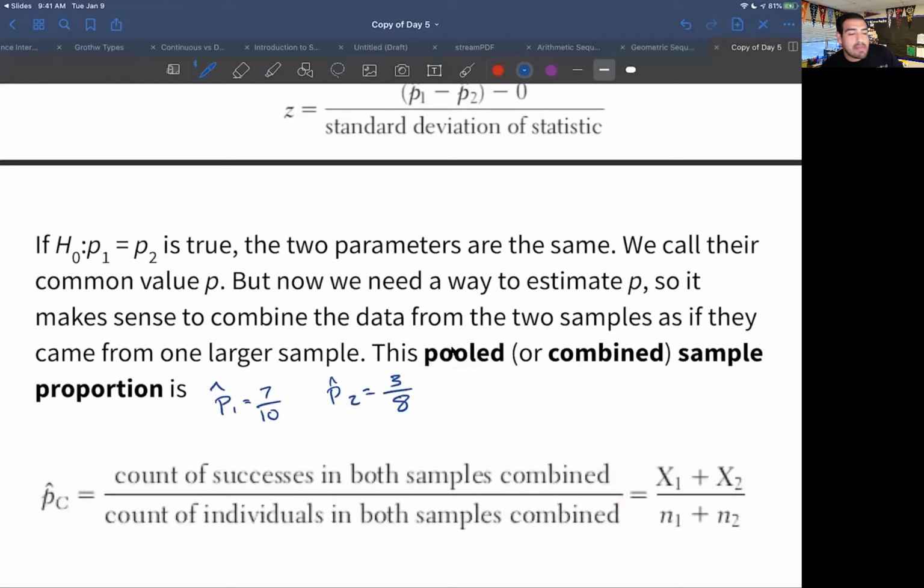Well, if I want to combine these two sample statistics, I would just say 7 plus 3 over 10 plus 8. This is going to give me 10 over 18, right? Not like adding regular fractions, we're just adding the numerators and the denominators. This is my combined sample statistic. This is what I'm going to use when I want to calculate the standard deviation of the statistic.